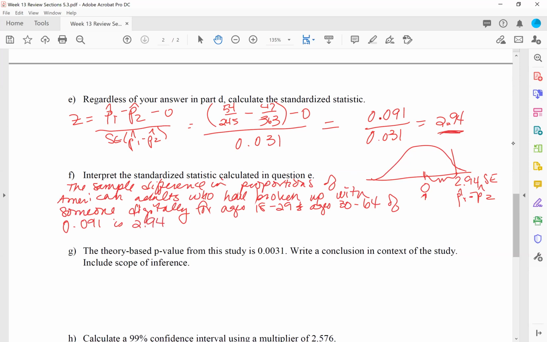That's my standardized statistic. Standard errors above, because it's a positive value, the null value of 0. Is that making sense on how we're interpreting that value? Yes. Okay.